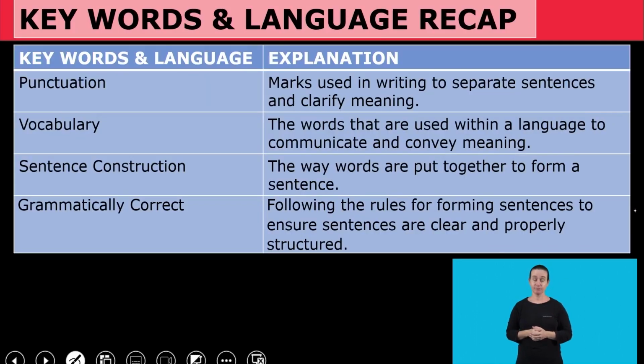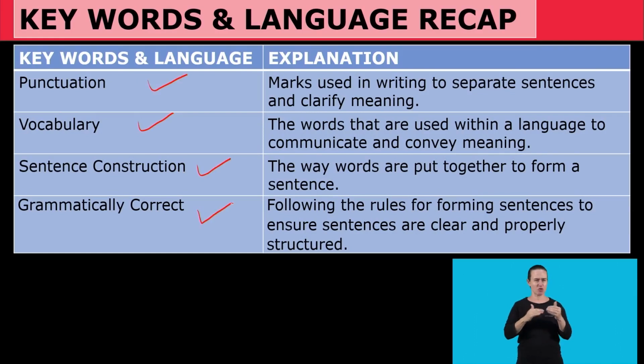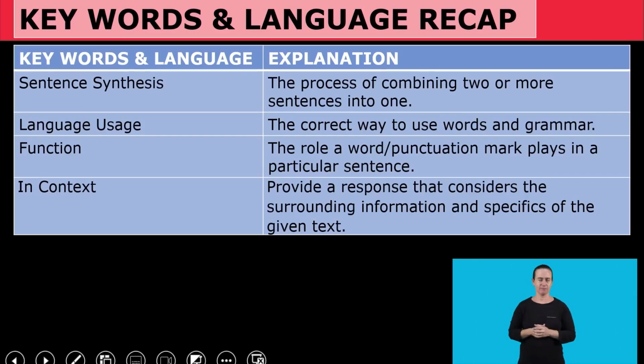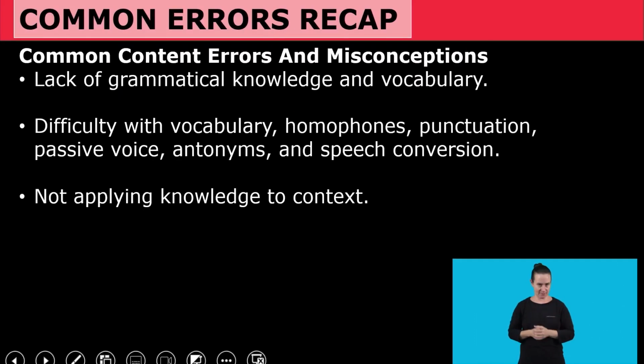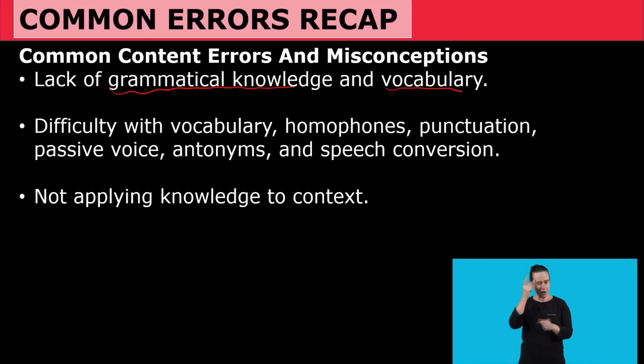Key words that you always need to keep in mind include punctuation, vocabulary, sentence construction, and grammatically correct. Also, sentence synthesis, language usage, function, and in context. Common content errors that we find are a lack of grammatical knowledge and vocabulary, and then difficulty with vocabulary, homophones, punctuation, passive voice, antonyms, and speech conversion.